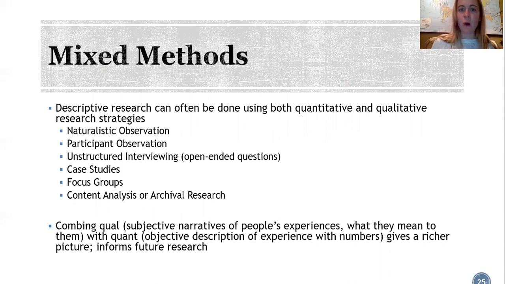By combining qualitative methods, which is more about the subjective narrative of somebody's experience and what that experience means to them, and combining that with quantitative methods, which is a more objective description of that experience using numbers, looking at how often something happens or for how long it happens, we can get a richer picture of the behavior and can inform future research.